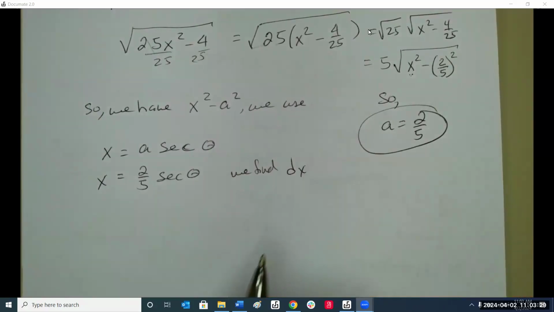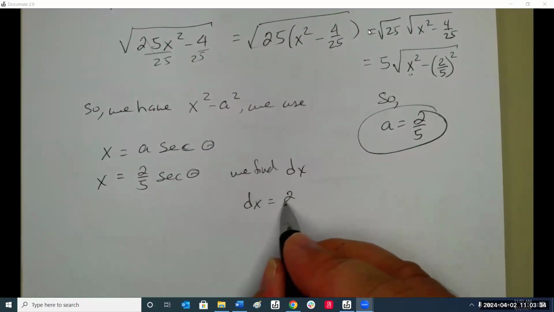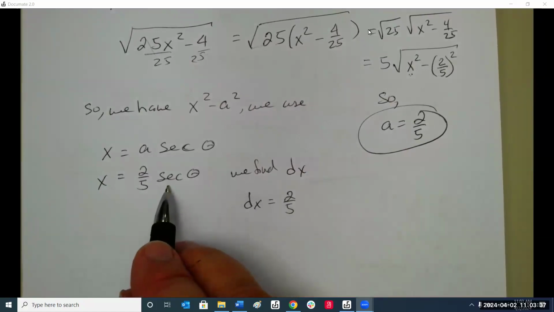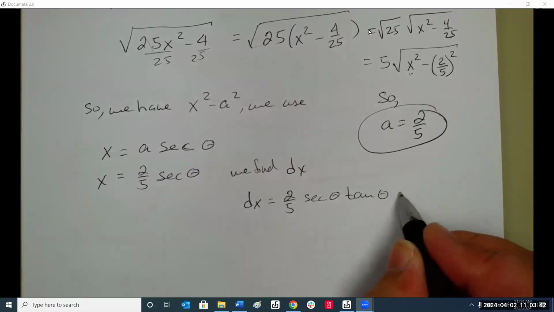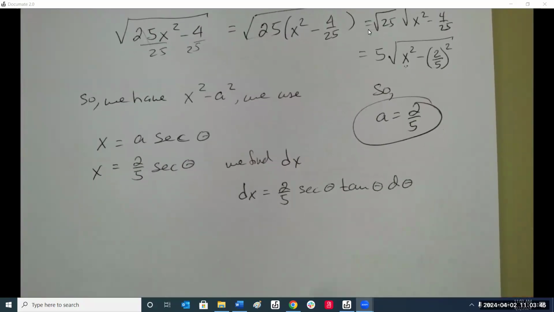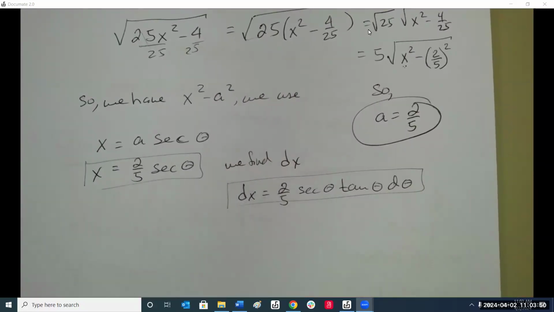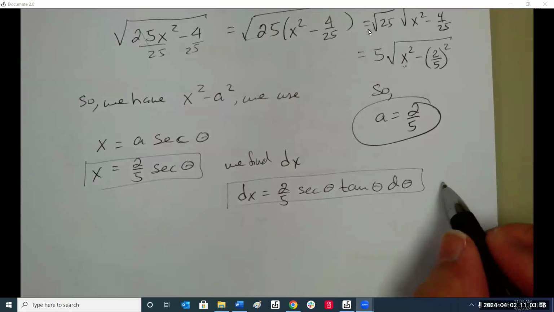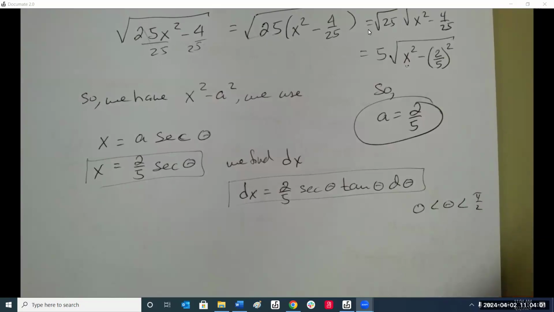We find dx equals 2/5. The derivative of secant is secant tangent. And our domain is, because we're only dealing with the positive side, and tangent has an asymptote at pi/2.